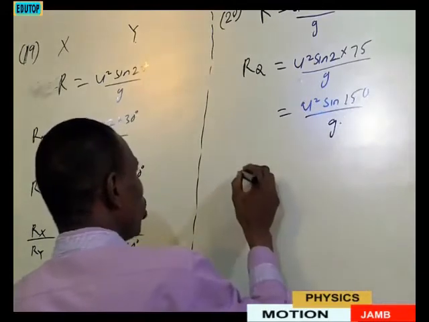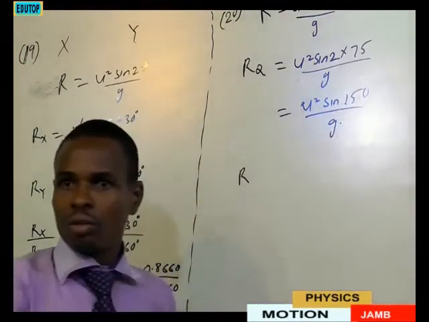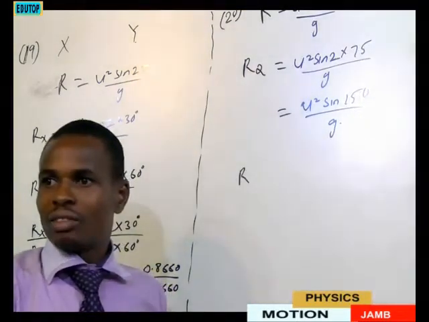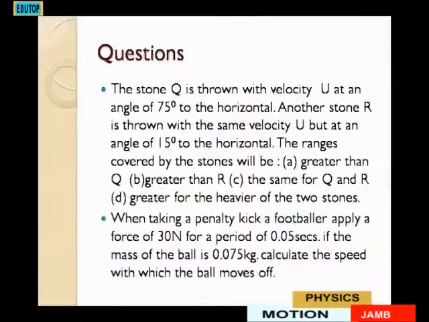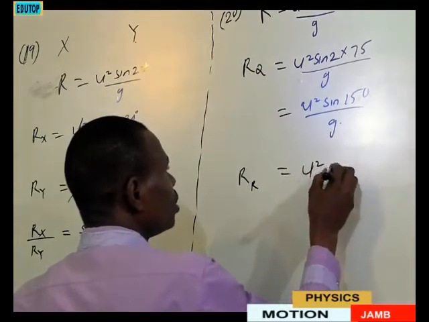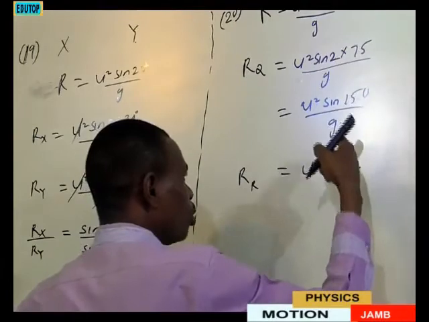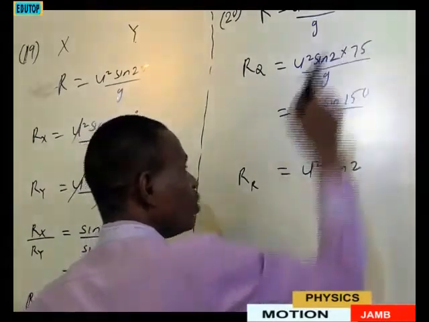Then let's quickly go to the range for the other stone. We are dealing with stone Q, and at the same time we are dealing with stone R. So the range for stone R will be equal to u squared sine 2 theta, but the angle of projection for R is not 75.